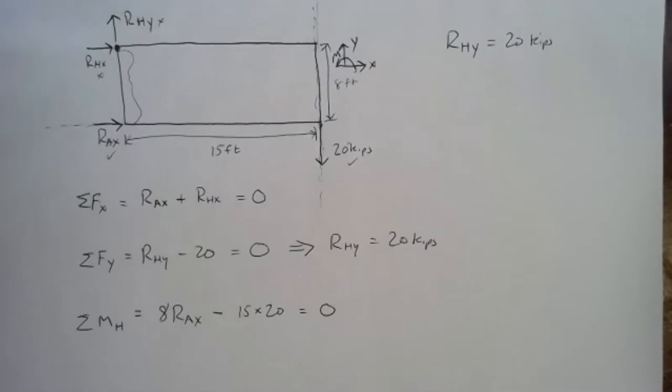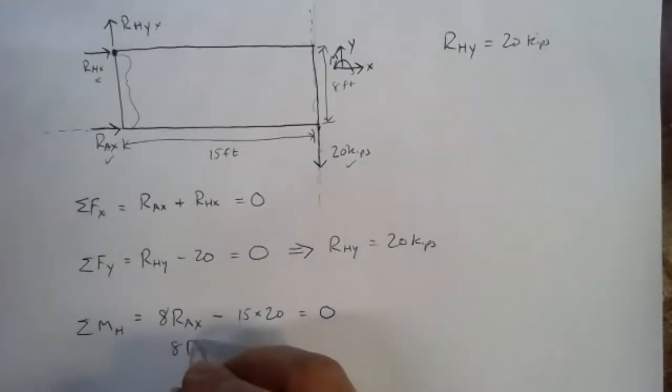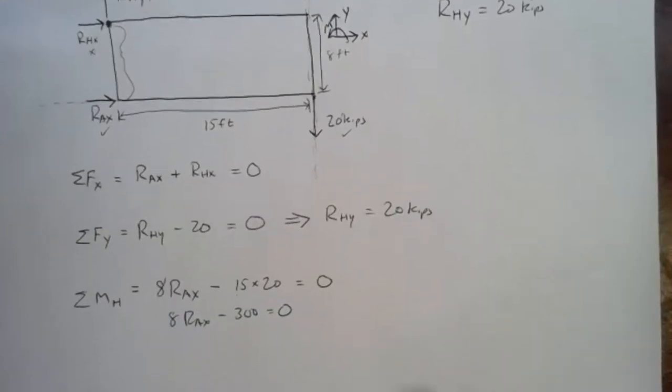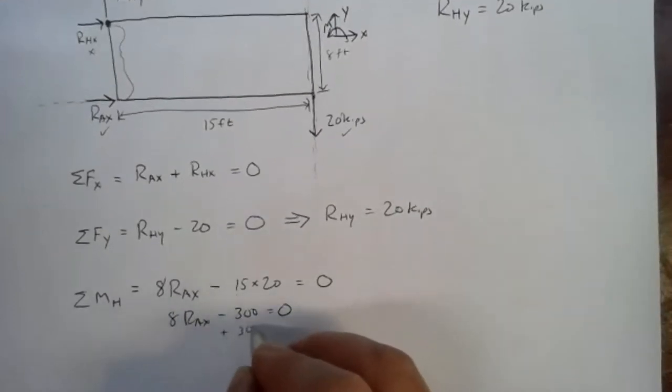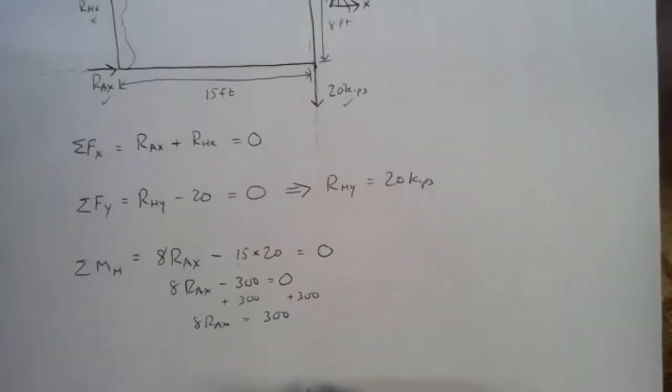So if we multiply things out here, we've got 15 times 20 is 300, so we have 8 RAX minus 300 equals 0. If we add 300 to both sides, we have 8 RAX equals 300.